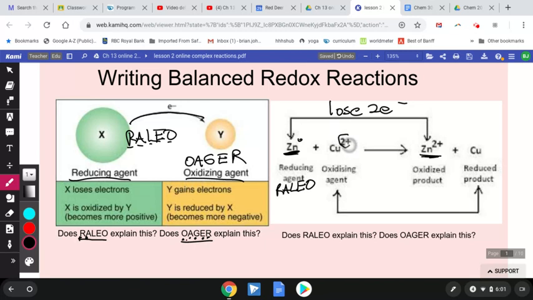Copper goes from a charge of 2 plus to an element with a charge of 0. So how do you get from 2 plus to 0? You have to add or gain 2 electrons. If you gain, then you are the oxidizing agent gaining electrons, reduction. And this is a redox reaction, reduction and oxidation.